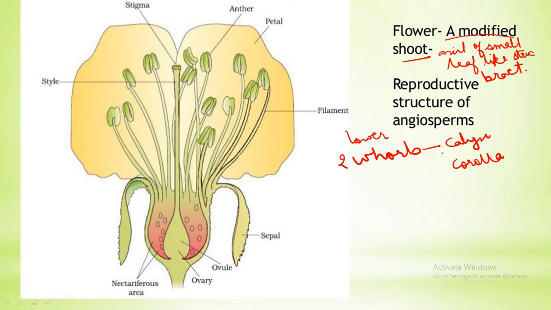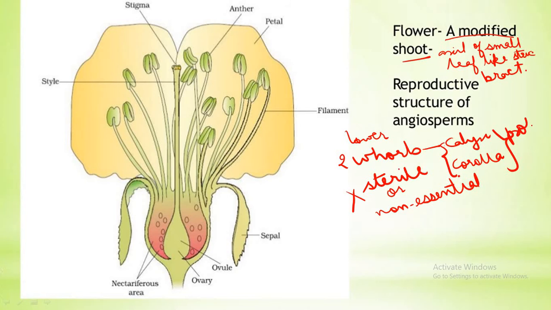And these are the sterile whorls, or you can say they are non-essential. Why? Because they do not help in reproduction. But their function is to protect the reproductive parts of the flower.